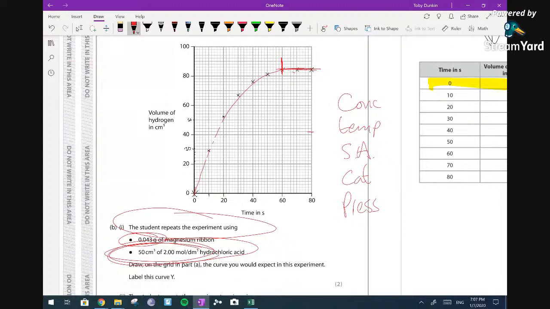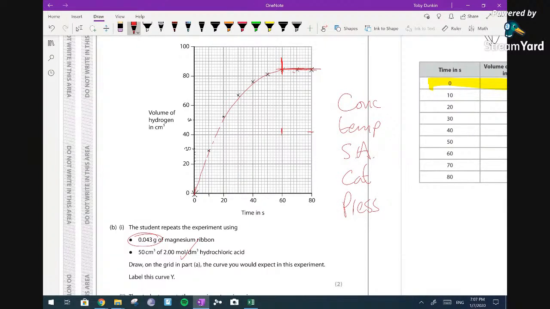So does this one tick any of those boxes? The concentration remains the same. The temperature hasn't changed. The only thing they've changed is the mass of magnesium. What that means is the rate's going to be exactly the same. So it's going to end in the same amount of time, which is here.